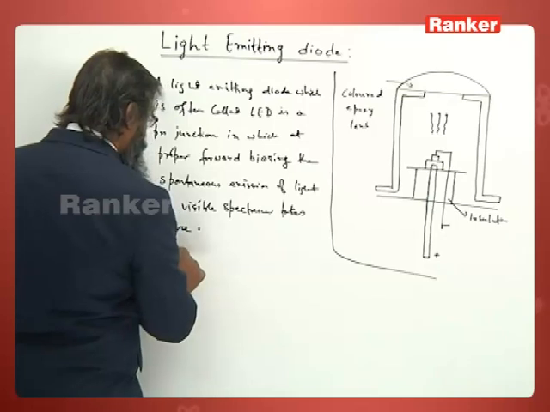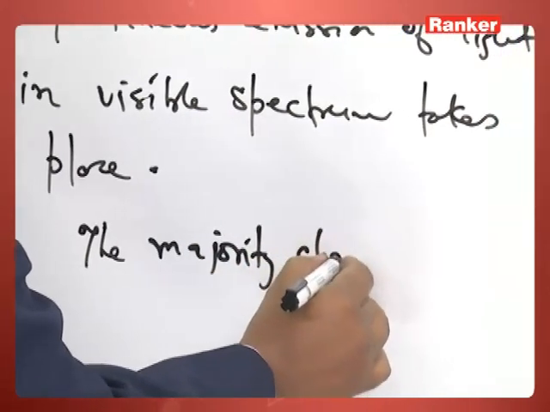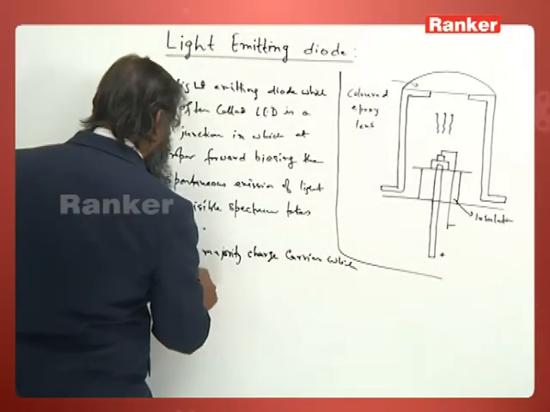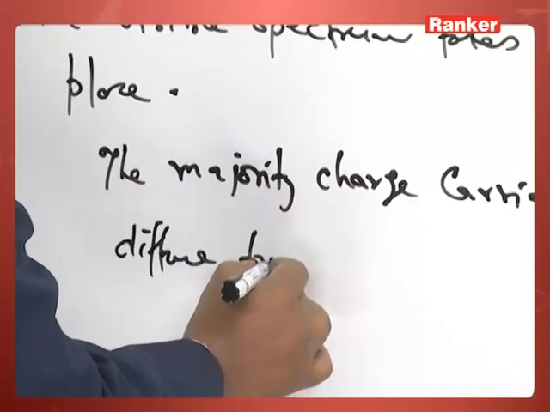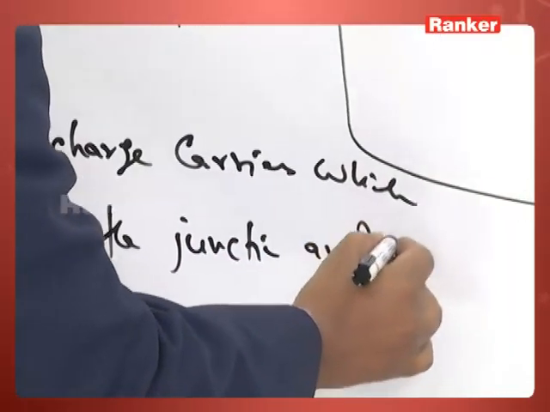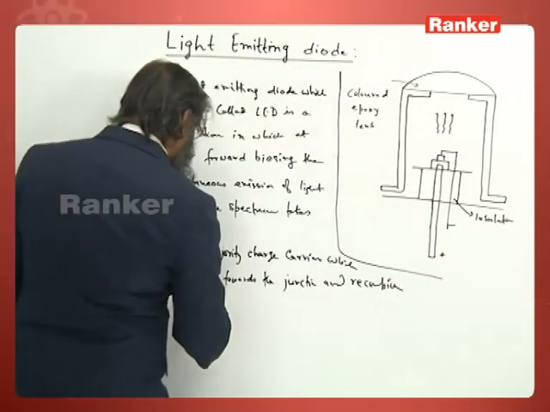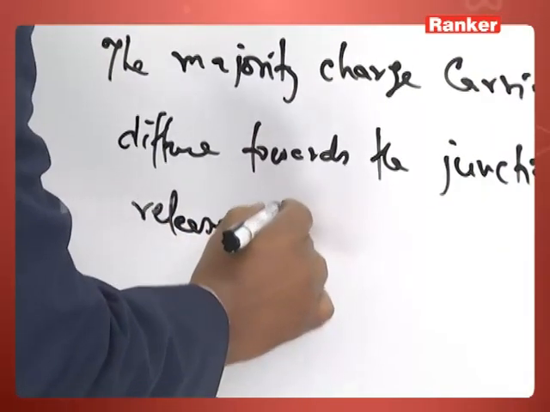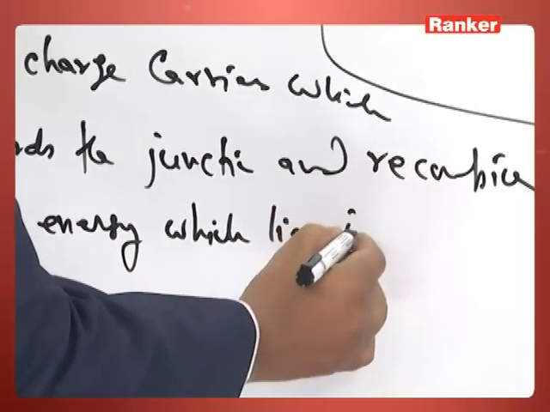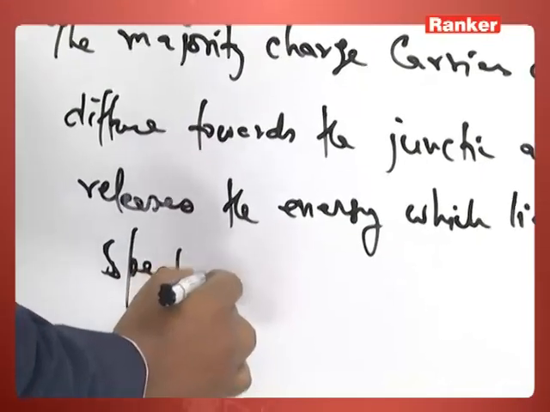Why does it take place? The majority charge carriers diffuse towards the junction and recombine, which releases the energy which lies in the visible spectrum.